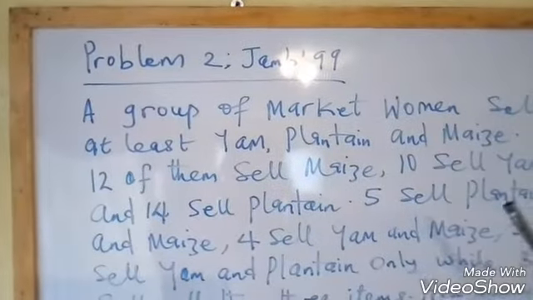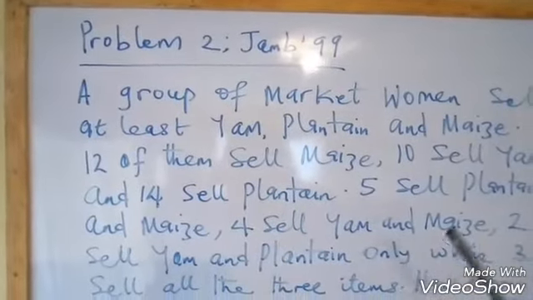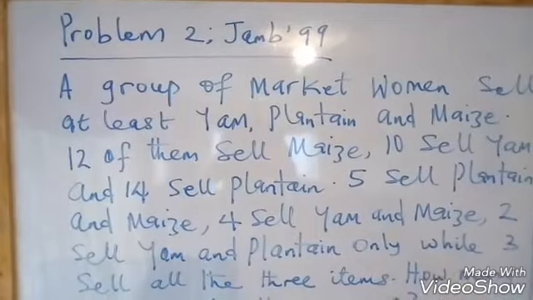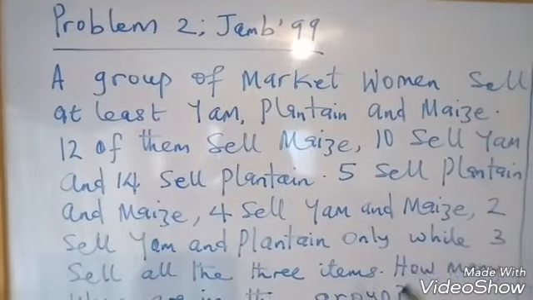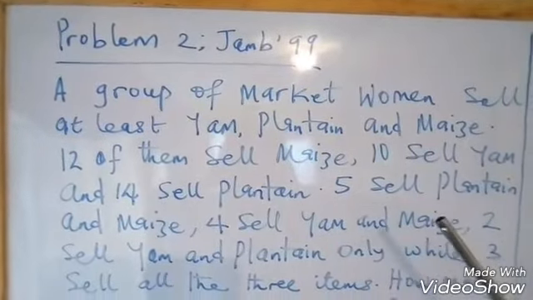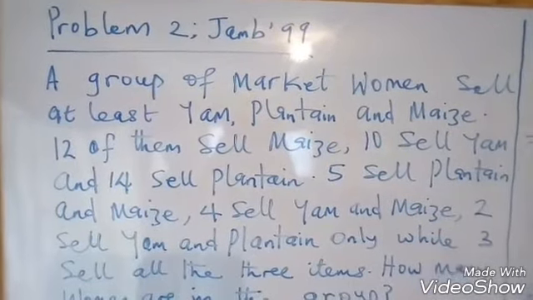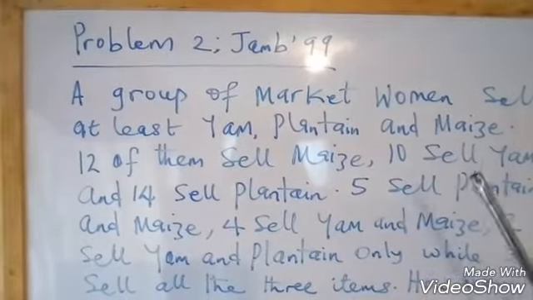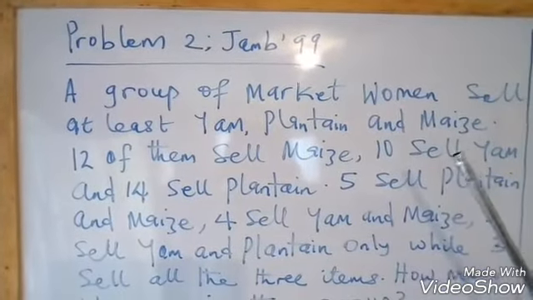Problem 2 of section 1.3.2. Solving problems involving three circles in a Venn diagram. Question 2 is taken from January 1999.